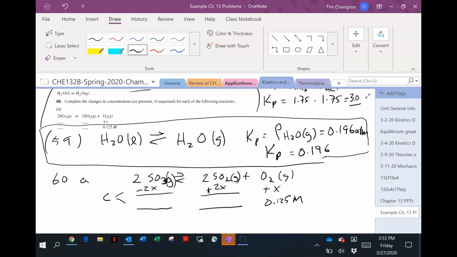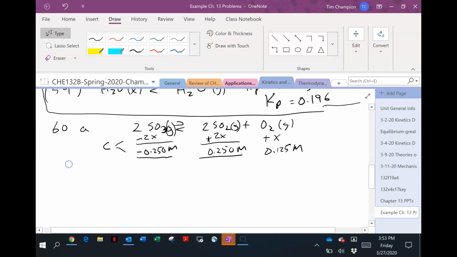So if 0.125 is the value of x, then 2 times that is 0.250 molar, and negative 2 times that is negative 0.250 molar. So there's more of those in the book that you could look at, but that's what you're looking at there. Again, it's two different versions of the change line, one in terms of x, one in terms of real numbers.